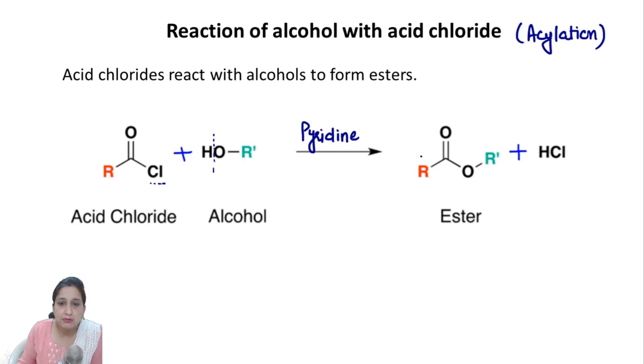Reversible means if we don't add pyridine in this reaction, the HCl formed can get converted back into acid chlorides and alcohols. So the function of pyridine is to remove the HCl as soon as it is formed. So this reaction is known as acylation, meaning introduction of acyl group.